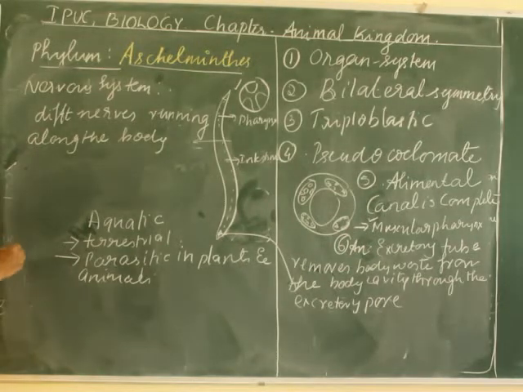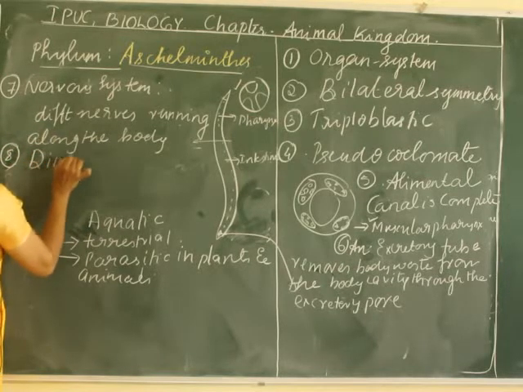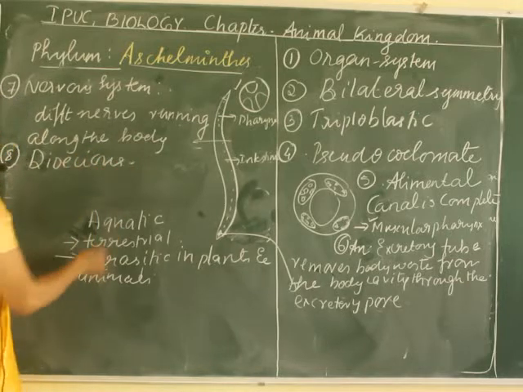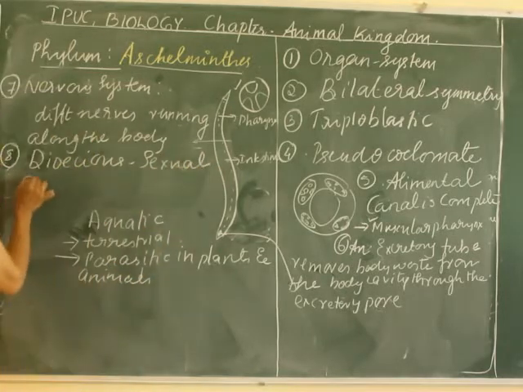So what is the next point? The next point is about their reproduction. What is that term for if the sexes are separate? It is dioecious, or they show sexual dimorphism.